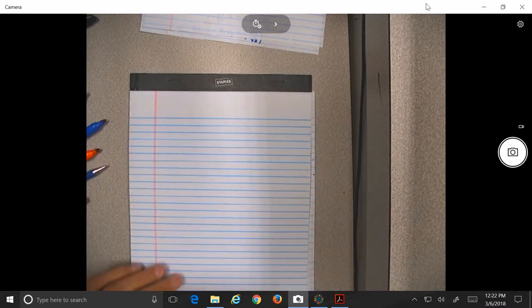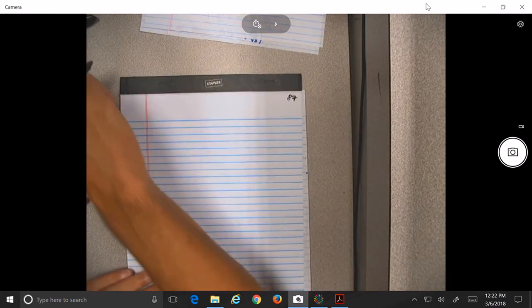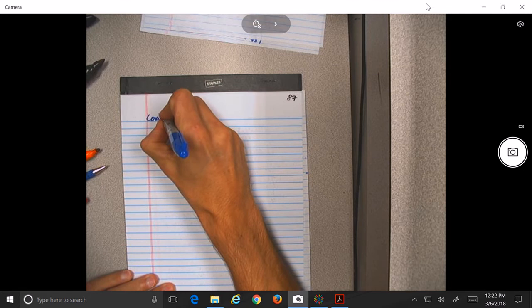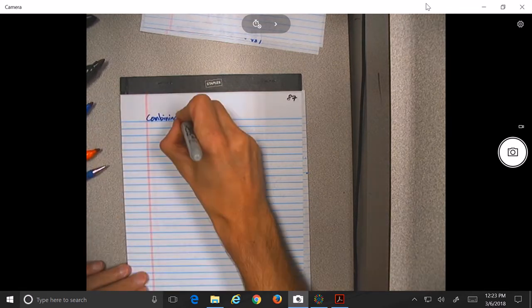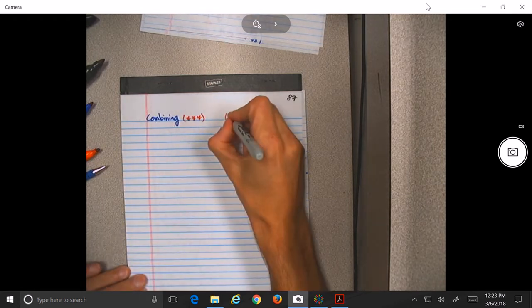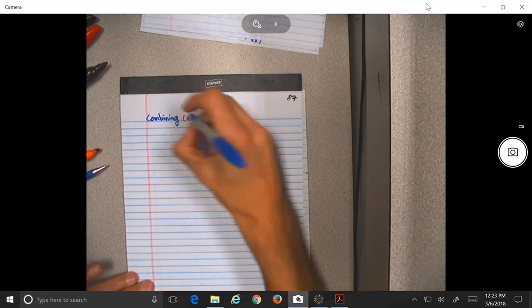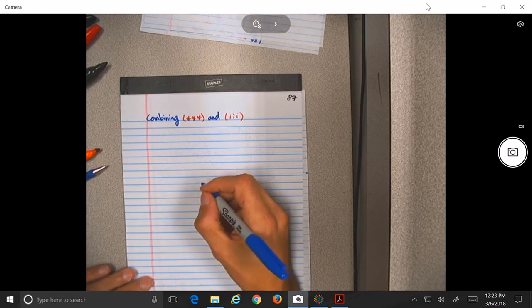So it should be page 87. Which are what equations? So let's see.